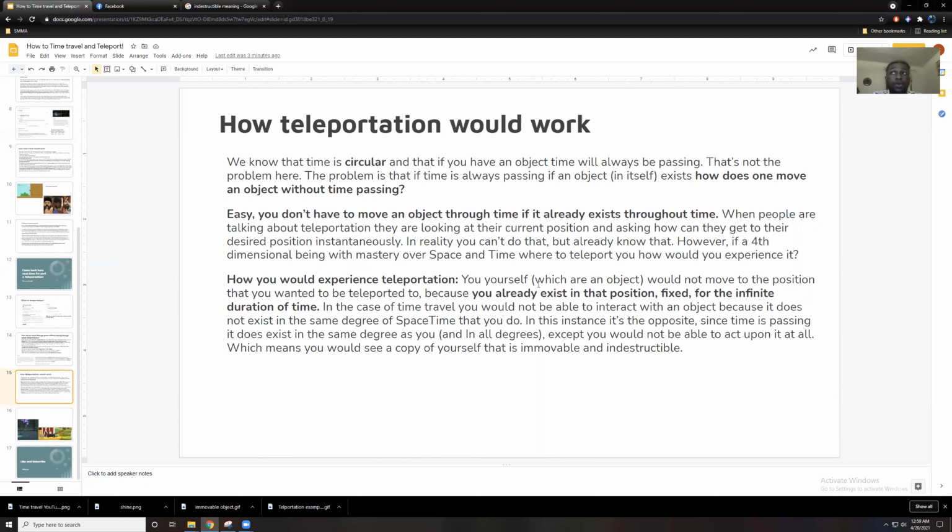You yourself, who are an object, would not move to the position that you wanted to be teleported to, because you already exist in that position, fixed for the infinite duration of time.